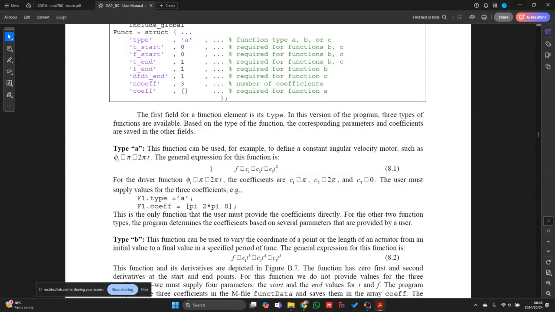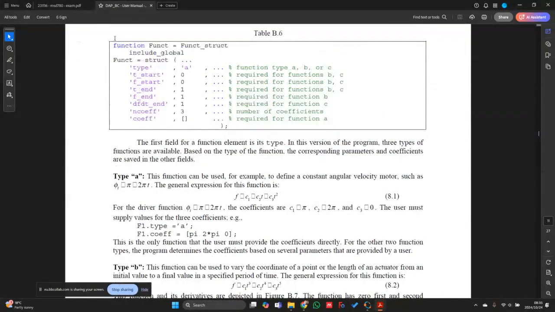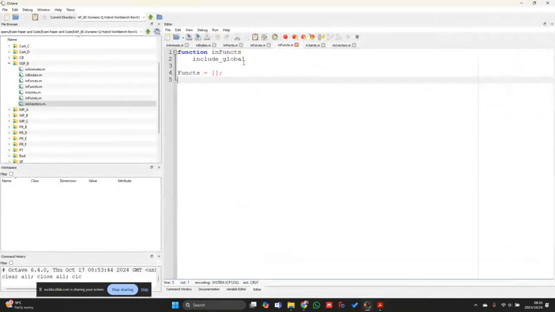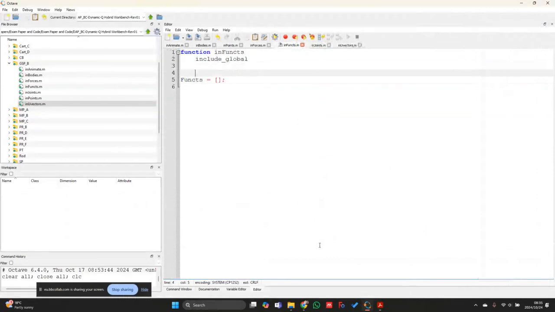And I'm going to do this under the infuncts file. So if I head to infuncts.m, then I'm going to define it as f1, which is a funct structure. And then f1.type is going to be type A function. And then I also need to give it the coefficients as input.